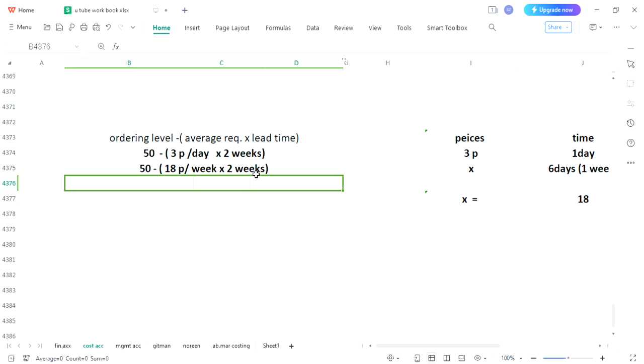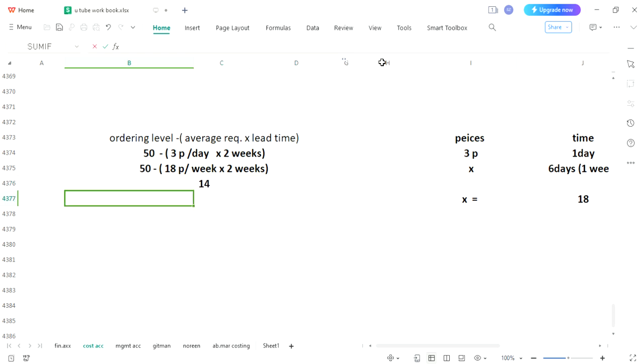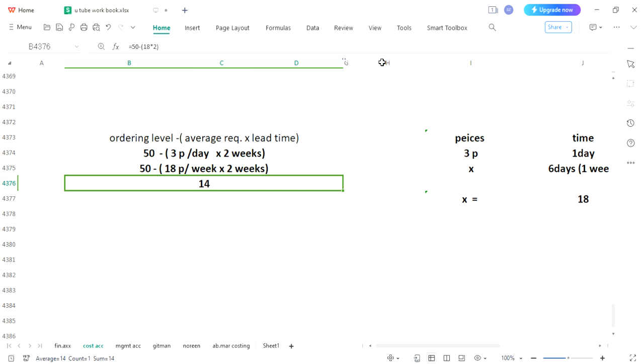Finally, our calculation would be like 50 first, and then we need to put a minus sign, open your bracket, 18 pieces per week. It would be multiplied with 2 weeks time. So we have got 14. This is our minimum requirement we have calculated.